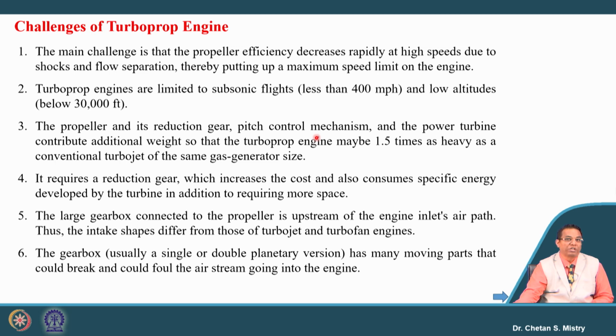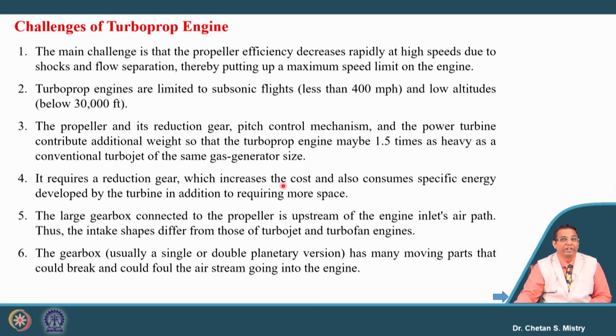So during operation, they can change the orientation of this propeller, and that's the reason why it is subjected to very high weight. The weight of the engine will be 1.5 times compared to our conventional turbojet engine for the same gas generator size.